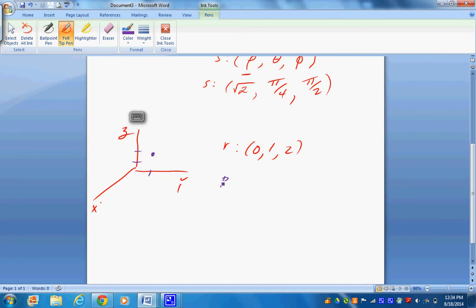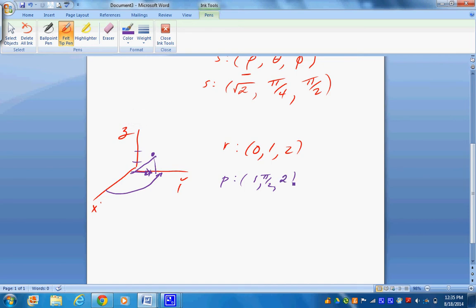So in polar form, in the XY plane, r is simply 1. That's the length of the vector in the XY plane. And the angle is the angle formed from the y-axis off of the x-axis, and that's going to be pi over 2. So this particular vector, if I project it down into the xy plane, sweeps out an angle of pi over 2. And the last one is simply the z-coordinate, which is 2.